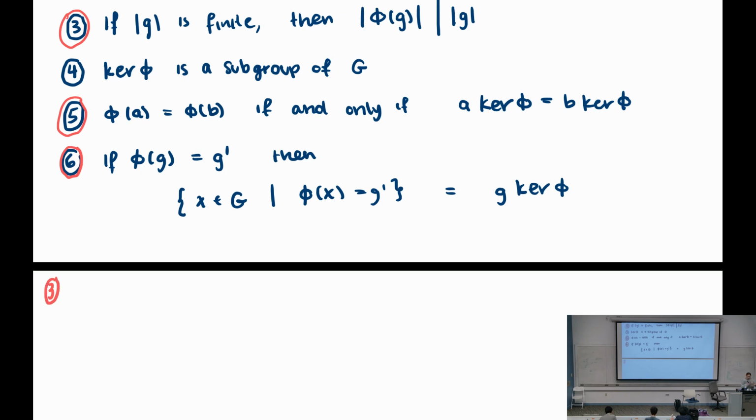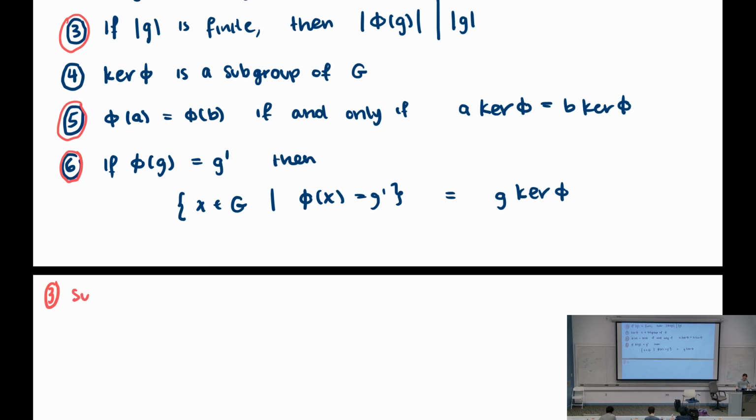Okay, for 3, how do we prove this? We will have to use results that we've proved. It's not 100% straightforward from the definitions. So let's suppose n is equal to the order of g.